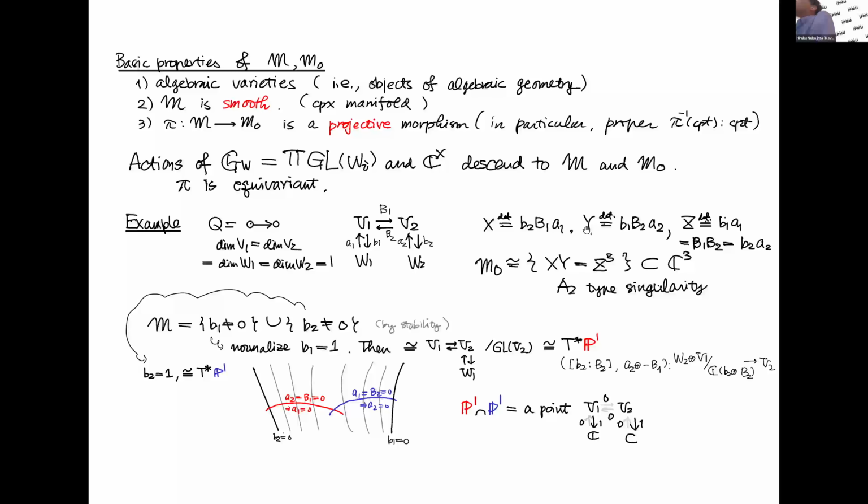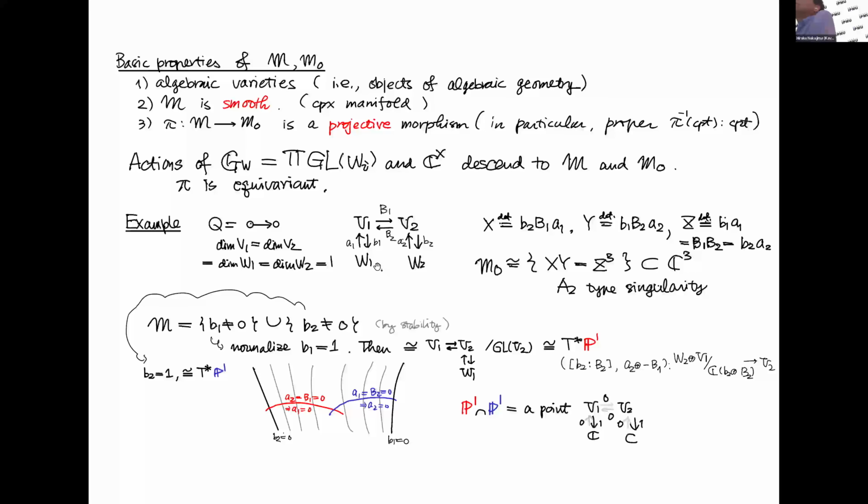And you also consider the similar one, Y, which is B1, B2, A2. So this is a composite of linear maps like this, starting from W2 and ending at W1. And Z is just starting from W1, going by A1, and then returning back by B1. So Z is B1 times A1. But by the equation mu equals 0, and I'm not sure the plus or minus sign is correct, but anyway, A1 times B1 is equal to B1 times B2, and B1 times B2 is equal to A2 times B2.